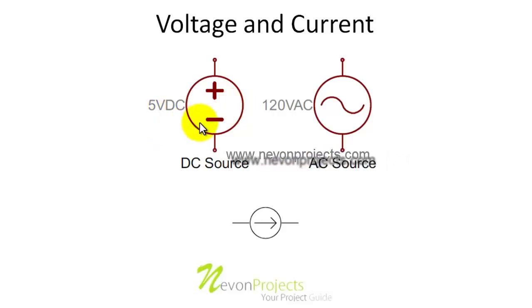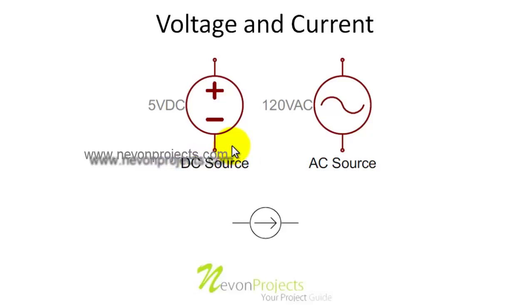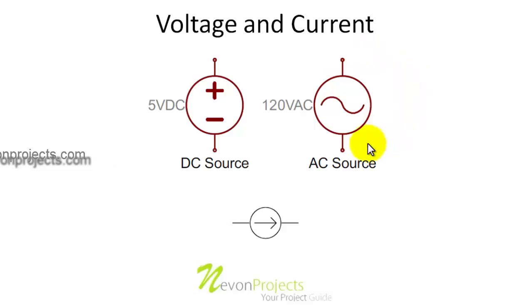Now suppose this is a 5 volt DC power supply, so between these terminals of plus and minus we will have 5 volt DC supply flowing if a load is connected, and this is the symbol of an AC signal. That is, if a load is connected between these two terminals of this device, 120 volt AC voltage will flow through the device.